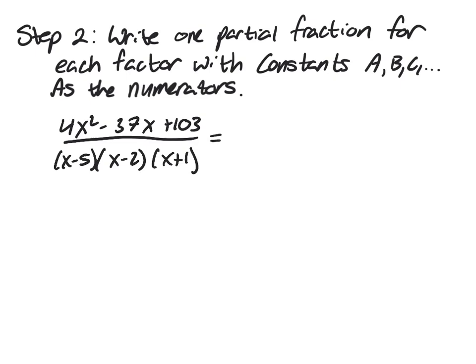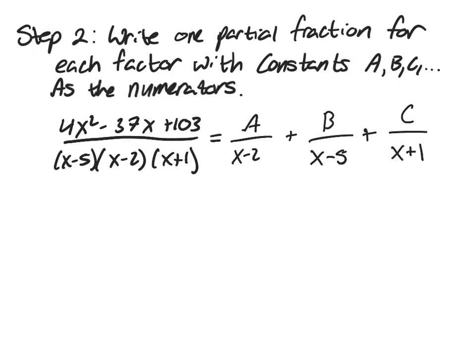Now here are our partial fraction parts. We have a over x minus 2 plus b over x minus 5 plus c over x plus 1. I can fix this order, it doesn't really matter, but just for the organization of our work: x minus 2, x minus 5. So that was our second step, to write that out.